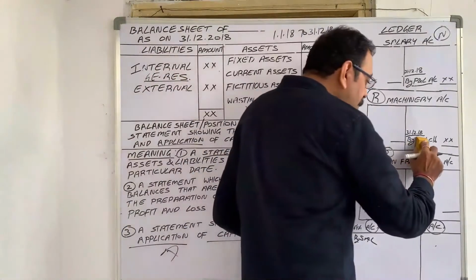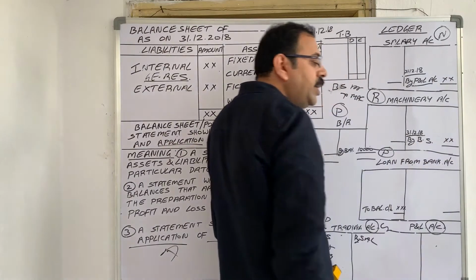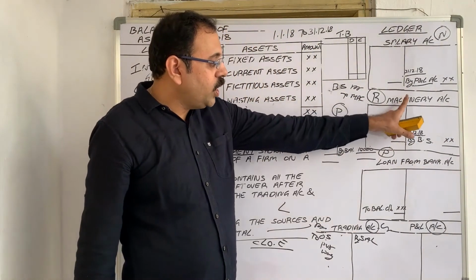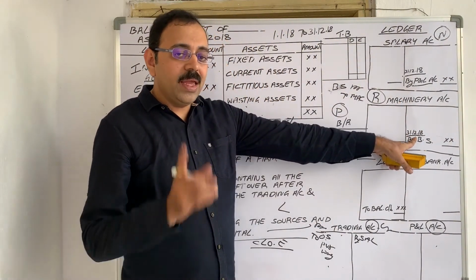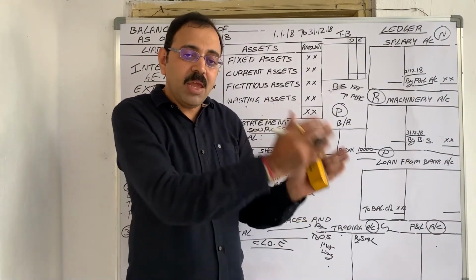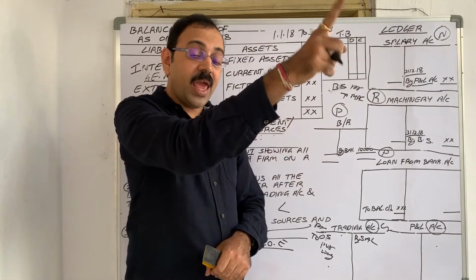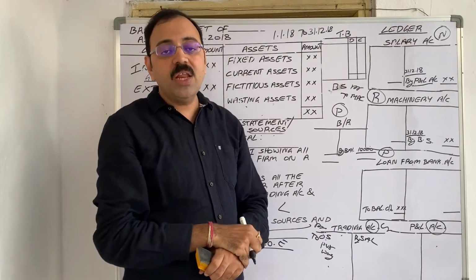If you write the words by balance sheet here, then what happens? The machinery account is closed at the year end by transferring to the balance sheet. But the same machine in the next year also we will use. So for the next year again you have to open the machinery account.